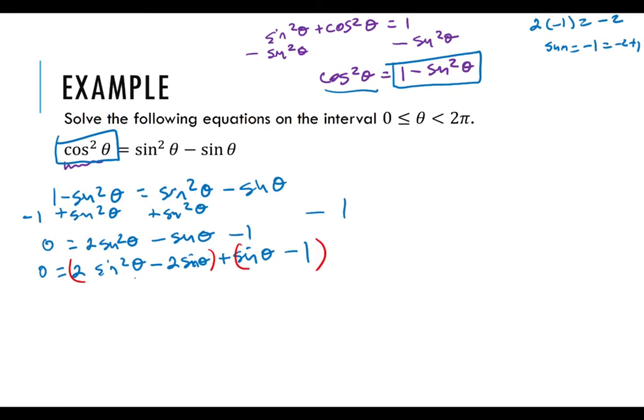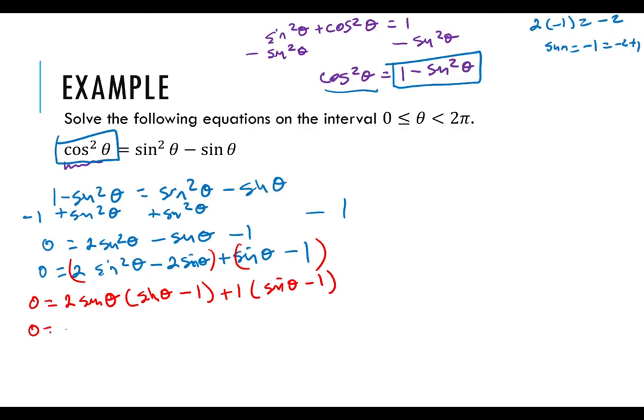Grouping, I find that the GCF on the left-hand side is 2 sine of theta. And so 2 sine of theta times sine of theta minus 1. And then over here, sine of theta minus 1, the only thing I can factor out is a 1. So that's going to be sine of theta minus 1. And so then my greatest common factor is now that binomial.